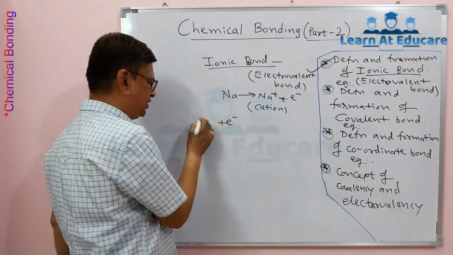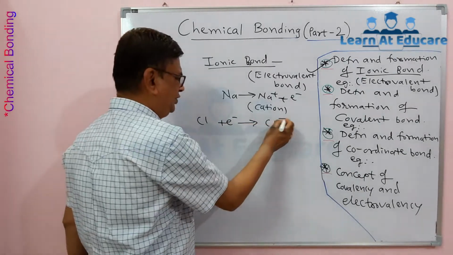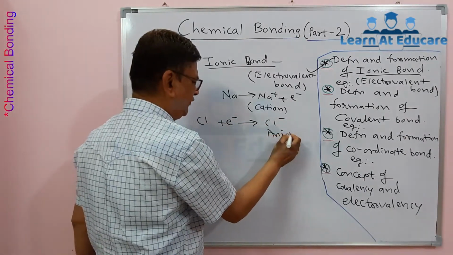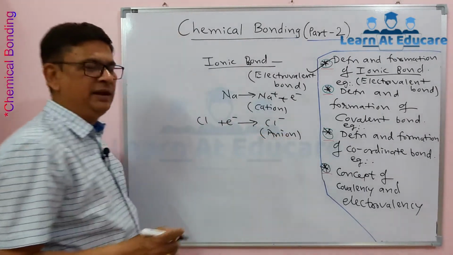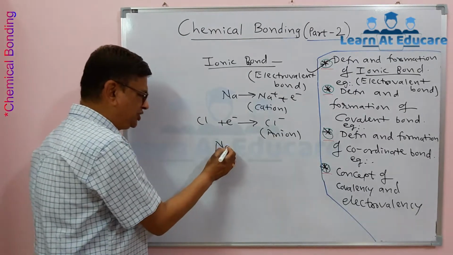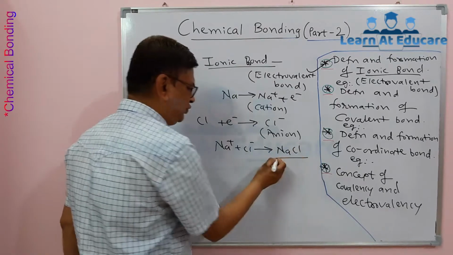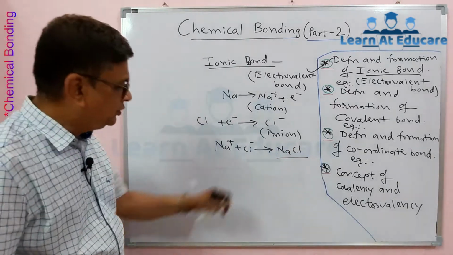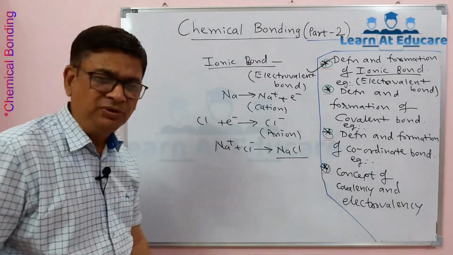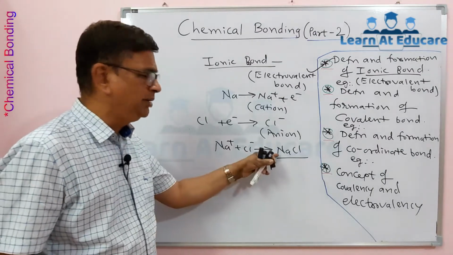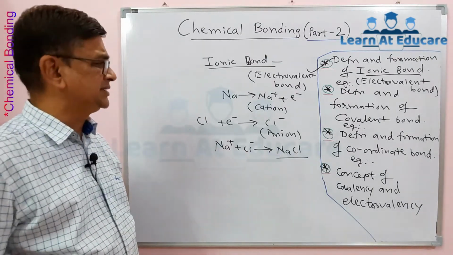Suppose this electron gets accepted by chlorine to give the negative ion of chlorine, which is called an anion, and now these positive and negative ions combine to give the neutral NaCl molecule. So this is the electrovalent compound and this ionic bond is present in NaCl.